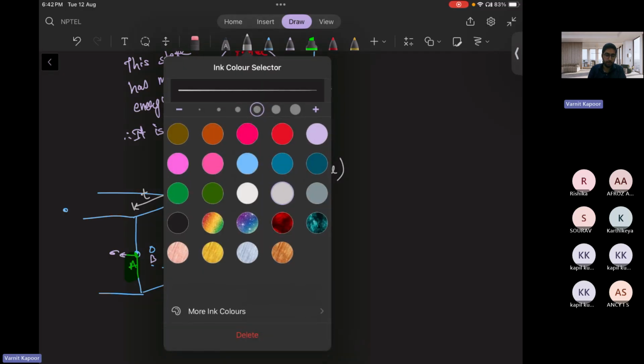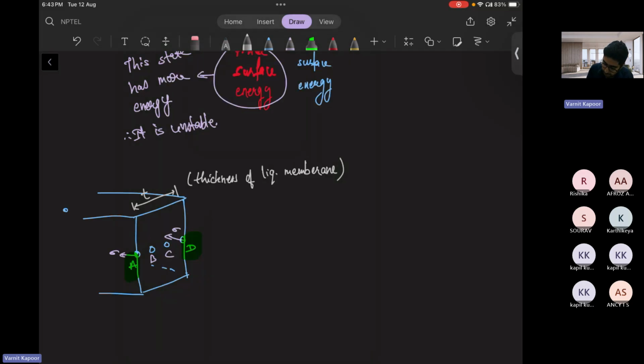So this surface tension Fs, by A and D and not by B and C, is nothing but sigma into L, if suppose the length is given to you as L, plus sigma into L, the part because of particle A as well as particle D. So it is 2 times.